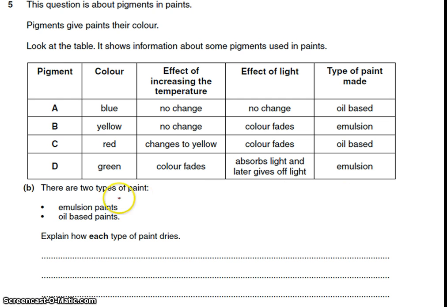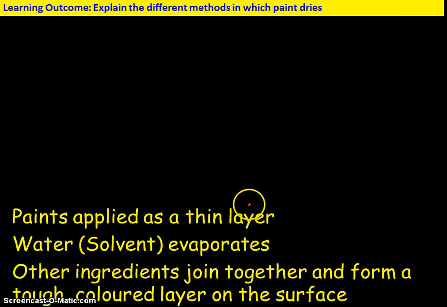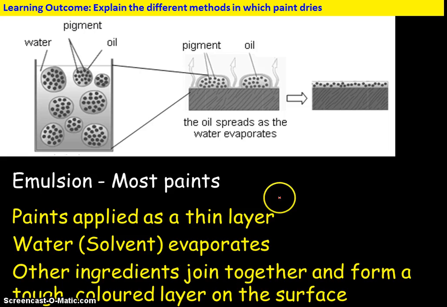So the next question is about the two different types of paint, and it says that there are two types in the table: oil-based and emulsion-based paints. And it says explain how each type dries. To help us with this, let's think about emulsion paint first.